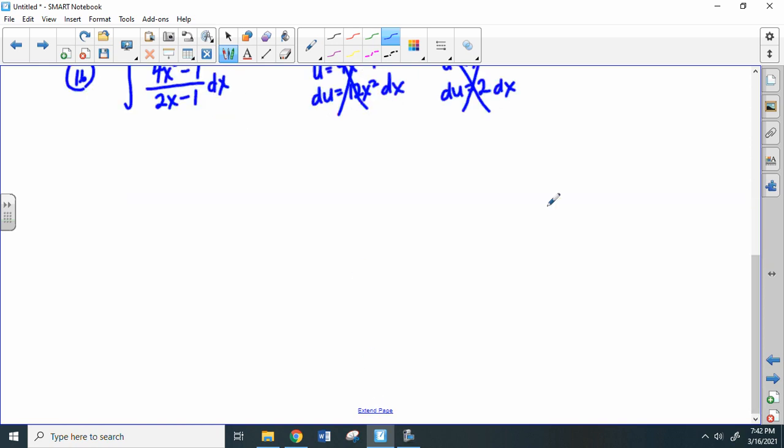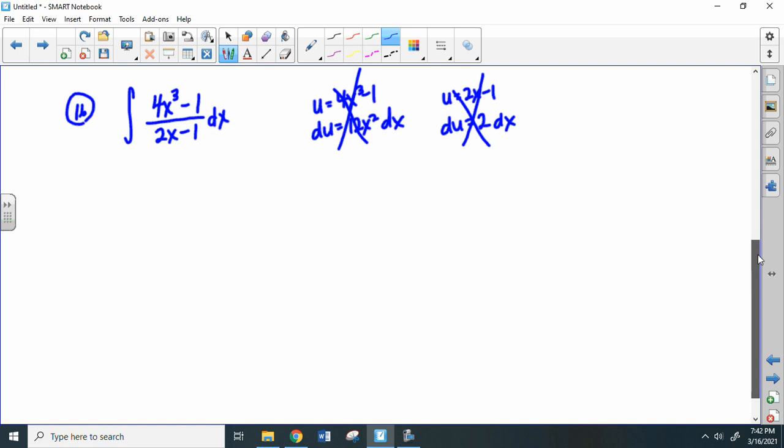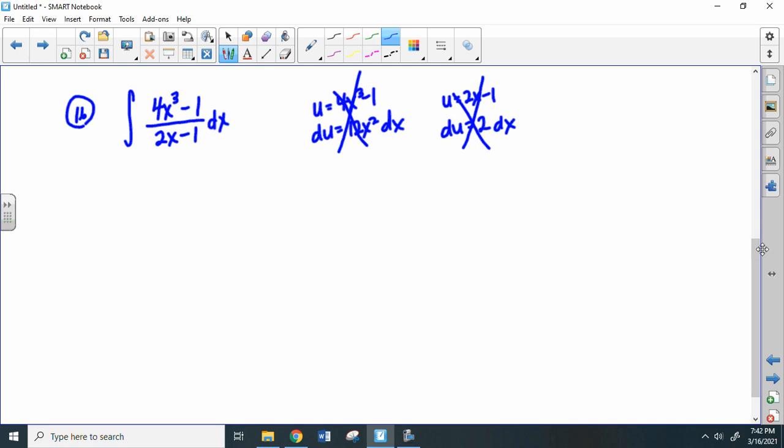But how do you divide 2x minus 1 into 4x cubed minus 1? Let me say that again: how do you divide 2x minus 1 into 4x cubed minus 1?